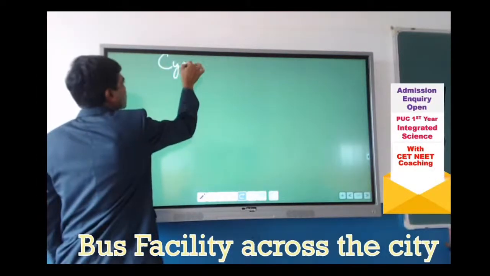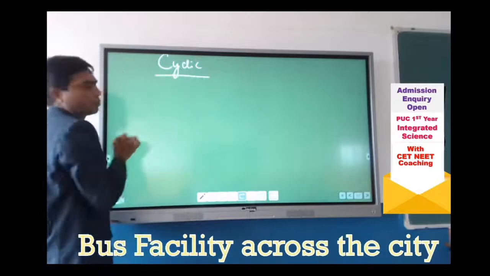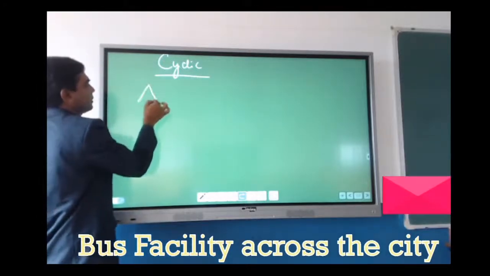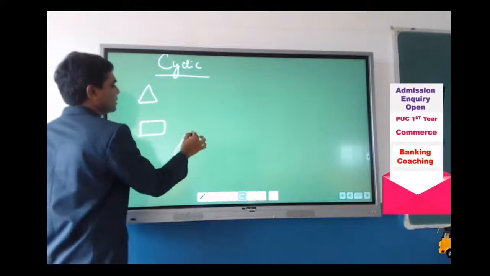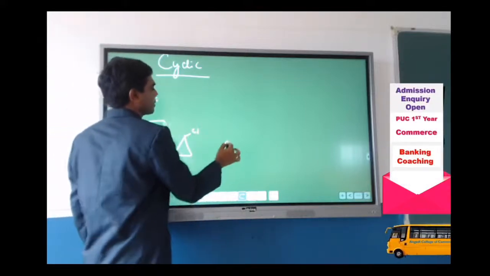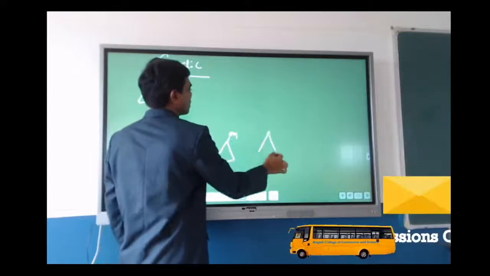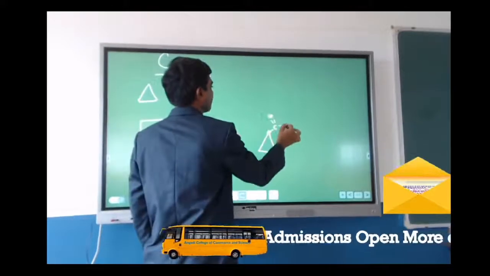If the compounds are cyclic, how to name them? Triangle, square, triangle Cl, triangle OH, triangle C double bond OH.